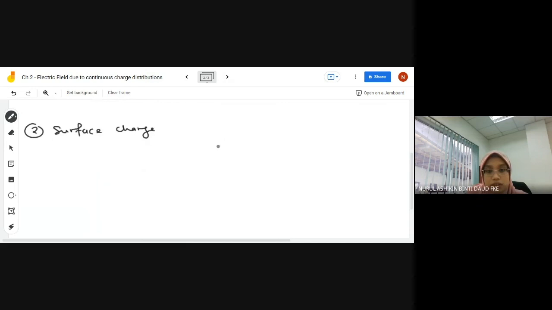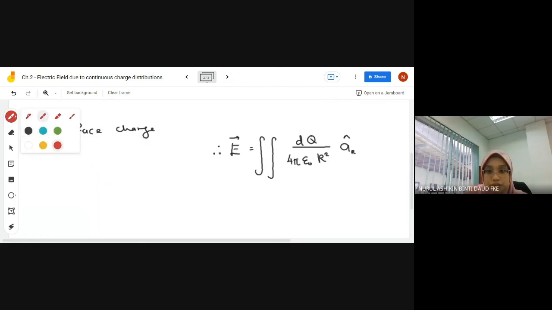In order to find the total E, it is a double integral: dq over 4 pi epsilon naught r squared, a_R hat. But now dq refers to rho s ds.